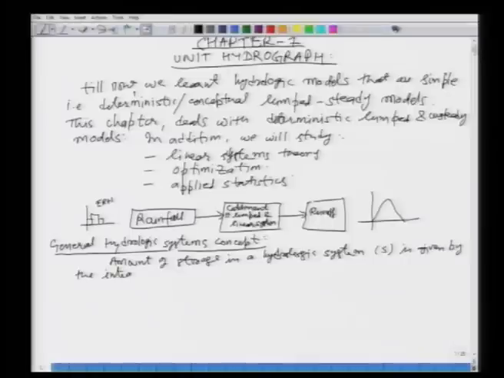No matter how complex the storage is, it will follow the integral equation of continuity. We have seen that earlier, because the fluid motion follows the law of conservation of mass. So, we can always apply that, and I am going to write this equation again.